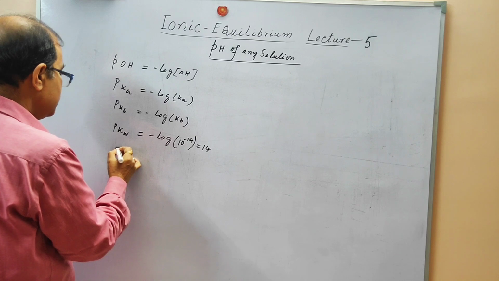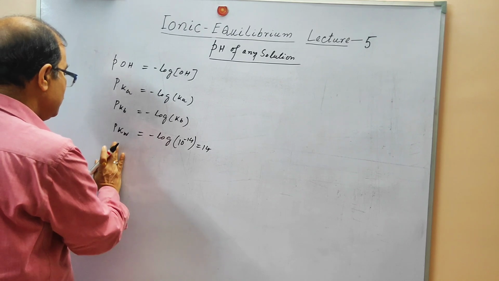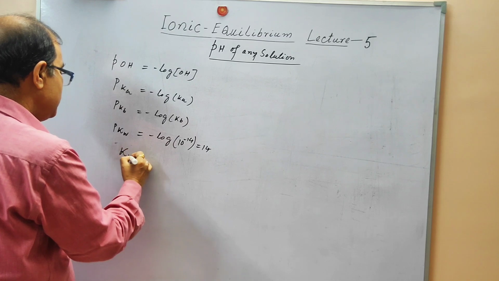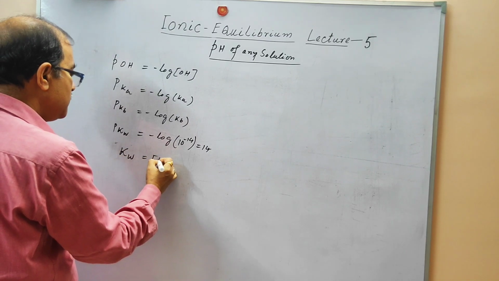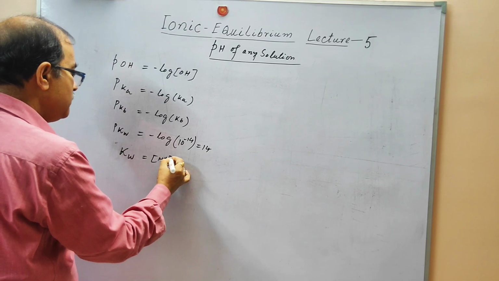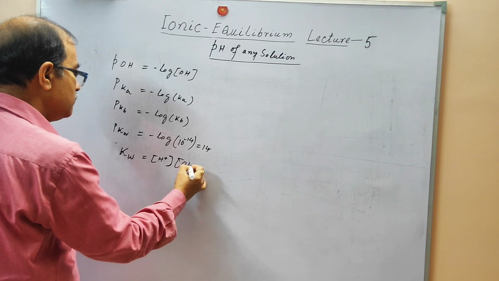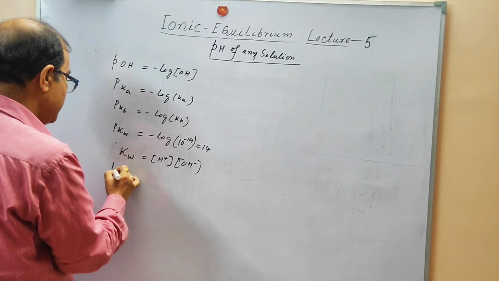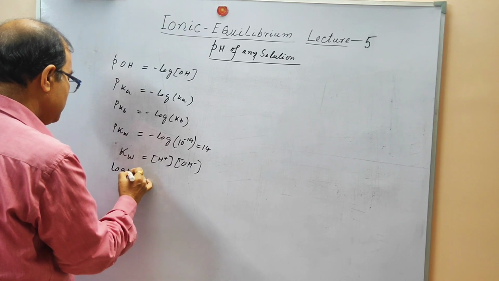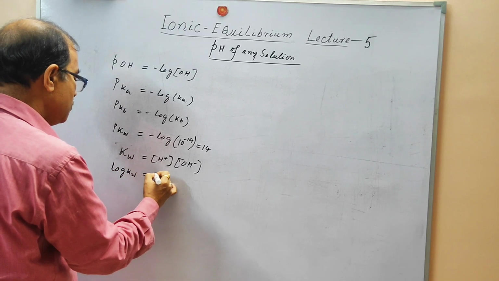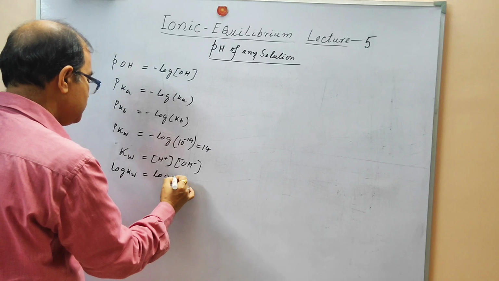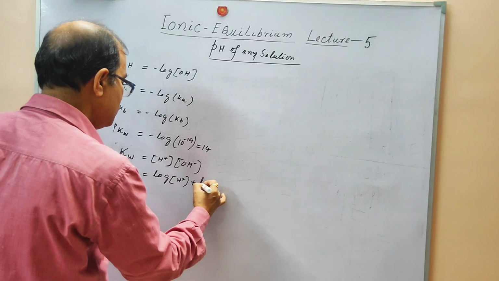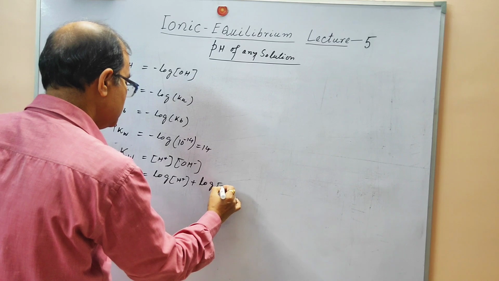What is that relation? The relation, you know, that Kw is equal to H plus ion concentration and OH minus ion concentration. Okay. So if we take the log of both the sides, we will find log Kw is log of H plus ion concentration plus log of OH minus ion concentration.